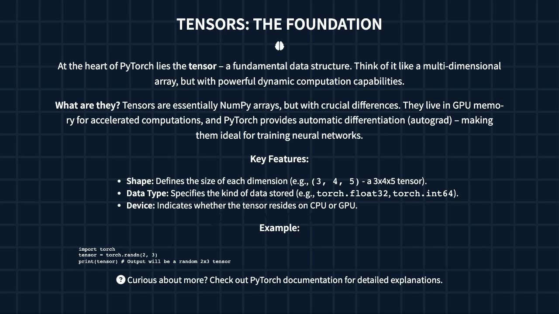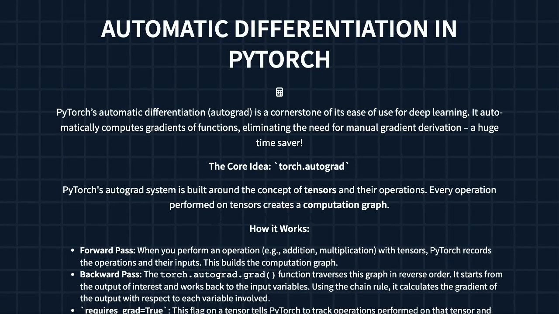It's that simple. Okay, let's talk about how PyTorch handles automatic differentiation. It's a really clever system. Basically, when you perform operations with tensors, PyTorch automatically builds a graph of all those operations and their inputs. This graph is then used to calculate gradients. It's like tracing back the steps to figure out how changes in the inputs affect the output.